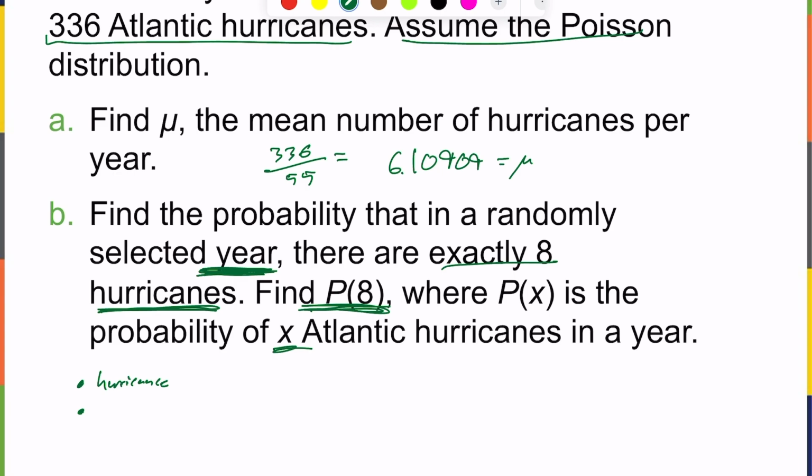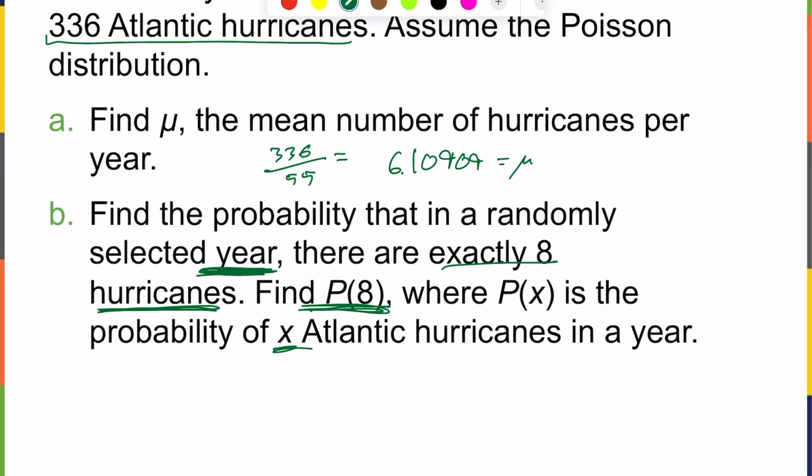Hurricanes are not necessarily independent, in that I don't think you could have two hurricanes nearby each other at the same time, so strictly speaking they're not independent. But we're going to assume that they are and see how far it gets us. So let's go ahead and assume this is a Poisson distribution. Okay, so let's go to the Excel.